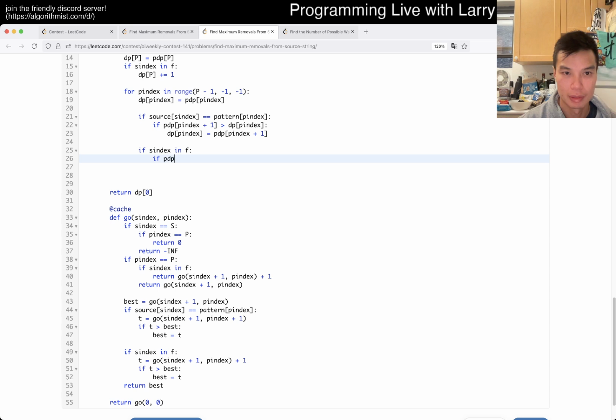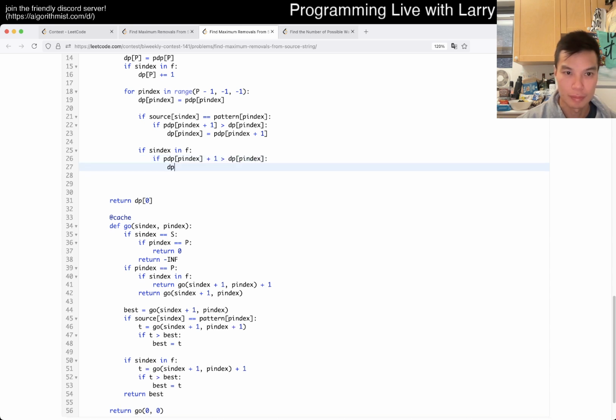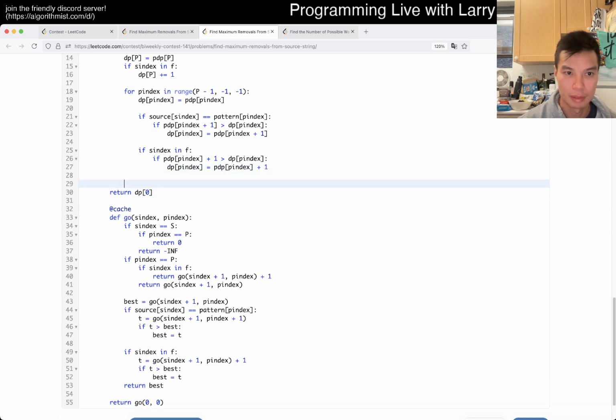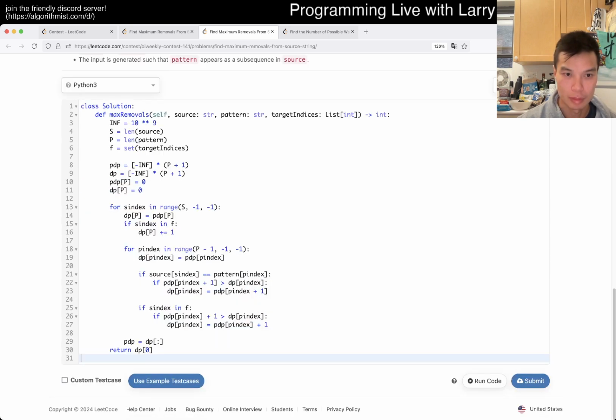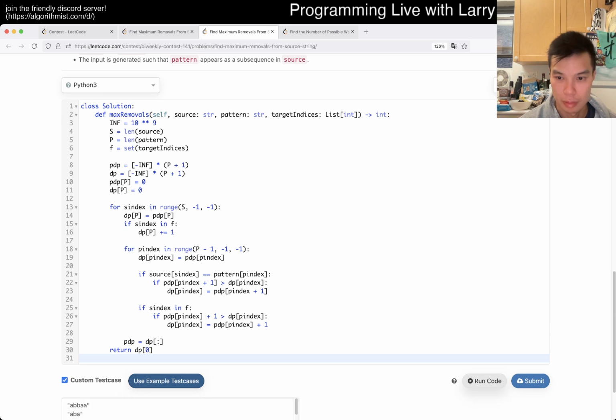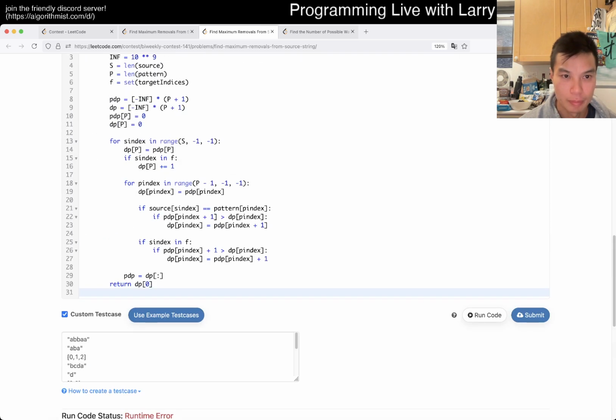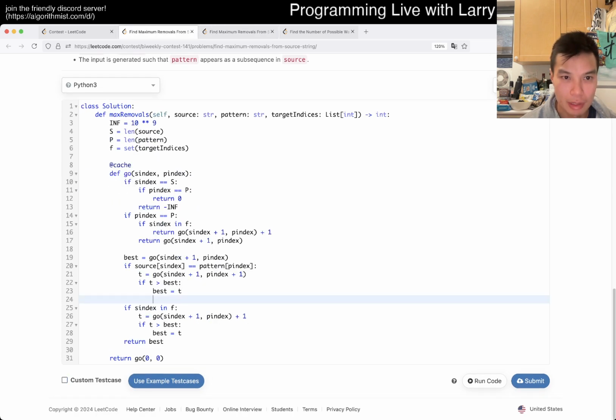If, and then S, and this should be, well, how did I have it? S index is equal to S.